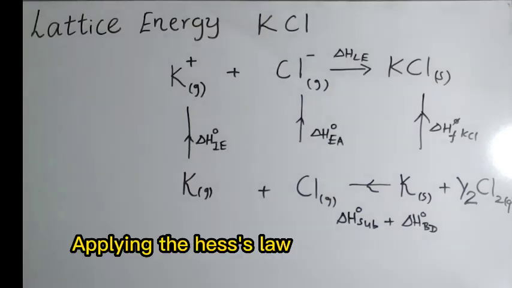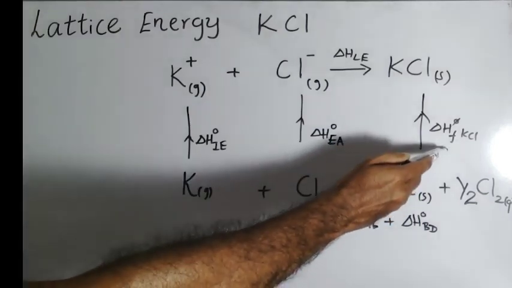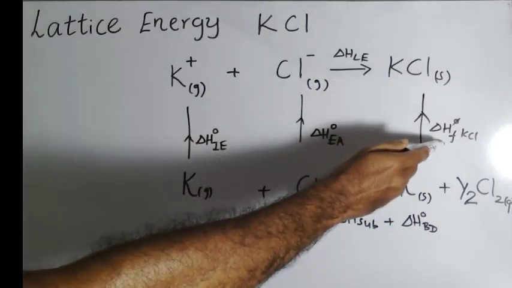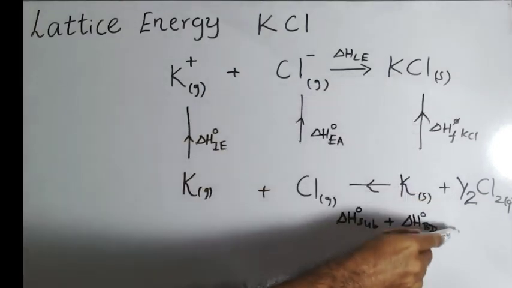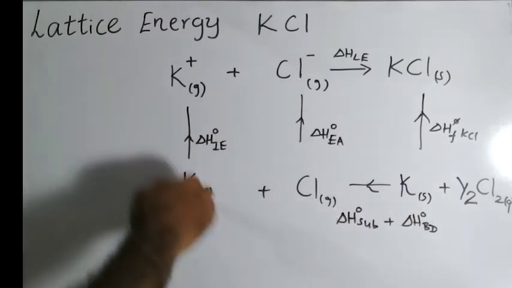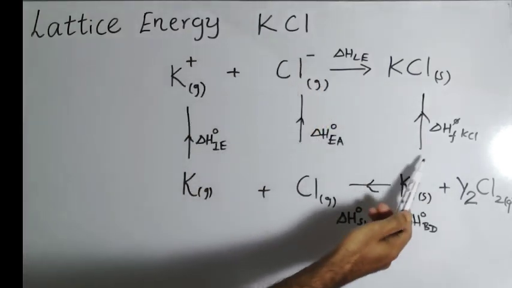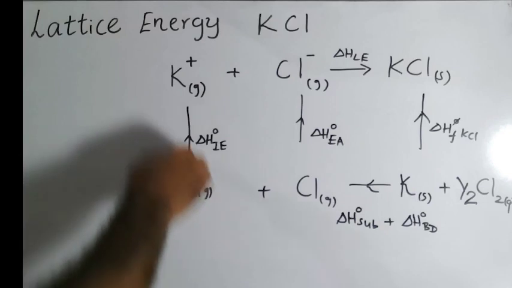Now I am going to apply Hess's law. The formation of potassium chloride, its enthalpy should be equal to the total of these enthalpy values. This is one path and this is another path.